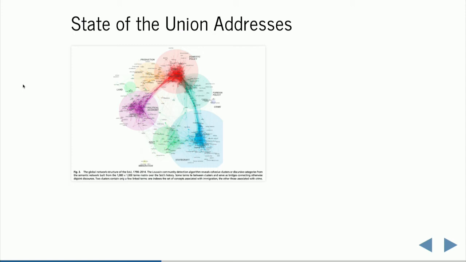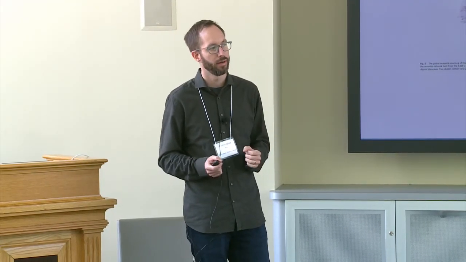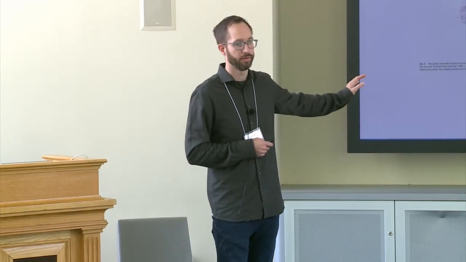We see very clear patternings of the words into things you might call topics or themes, such as the Navy, political economy, land, production, domestic policy, foreign policy, crime, statecraft, and so on. And what's nice about this is we didn't make any assumptions about K, the number of topics. The Louvain algorithm actually does that for us, which is nice.